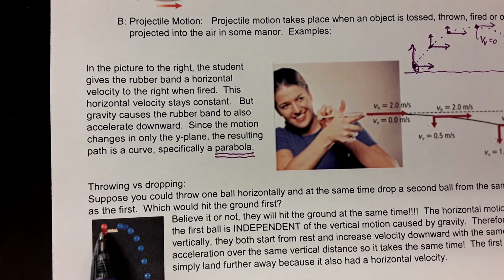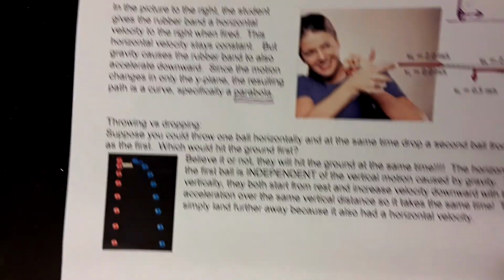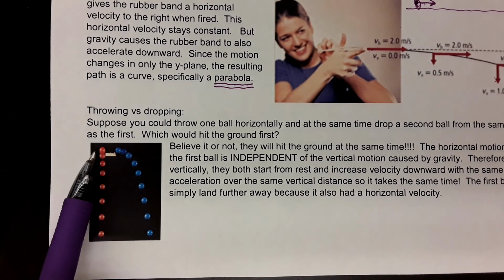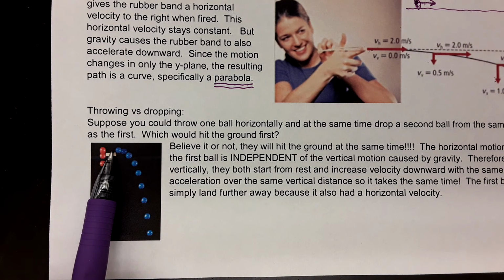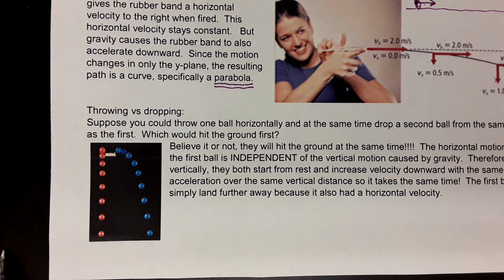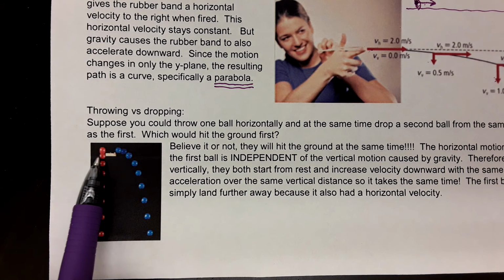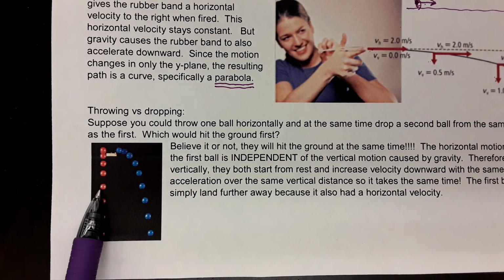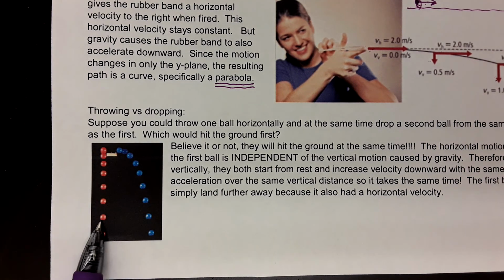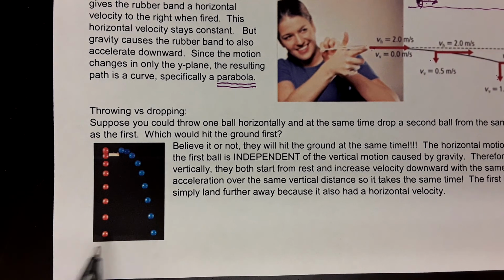This shows the red ball is being dropped at the same time and from the same height that a blue ball is projected horizontally. And notice that at each point in time, they have fallen pretty much the same distance. That's because gravity is independent of the horizontal motion. It doesn't affect the horizontal motion.